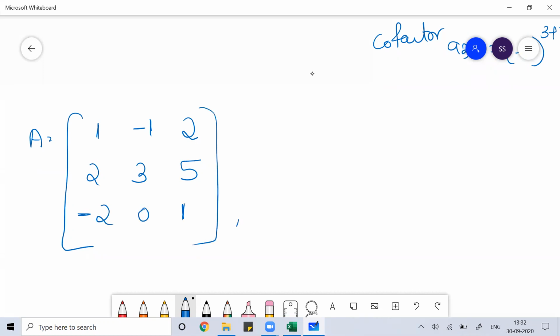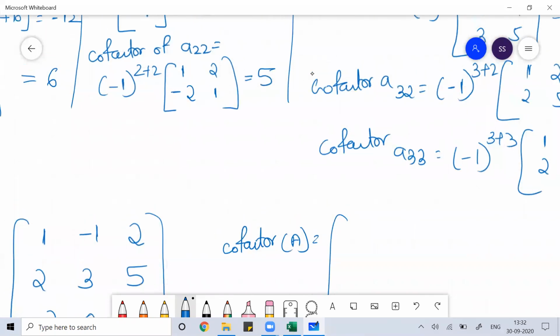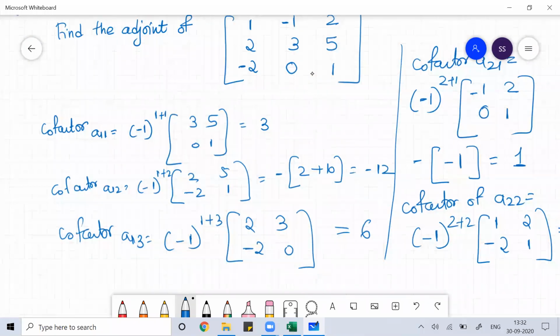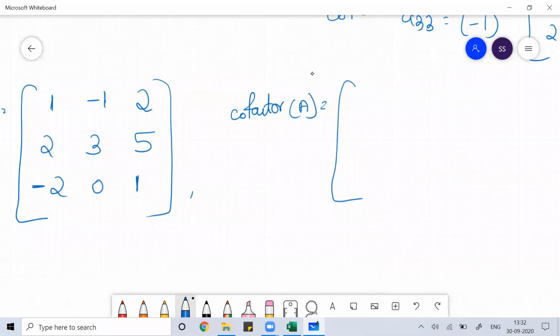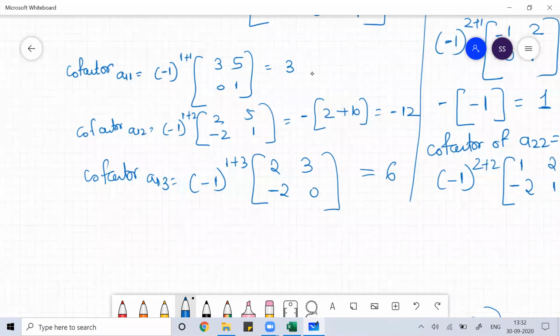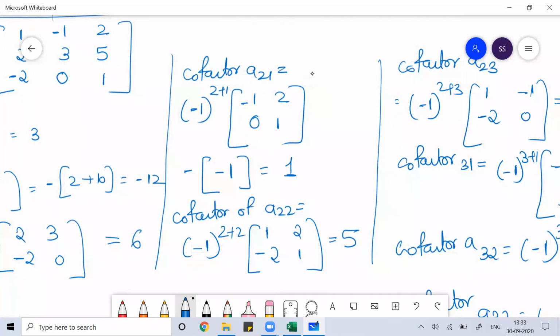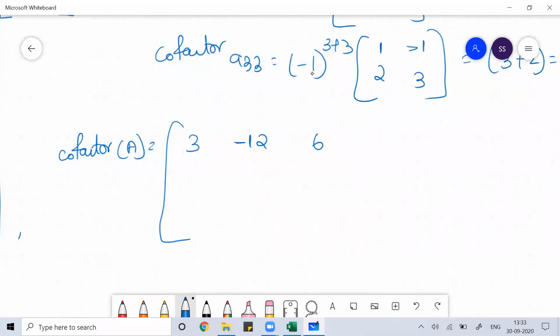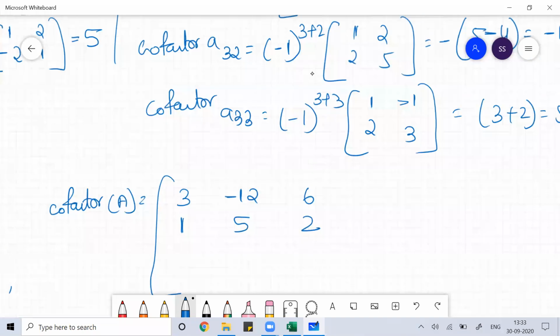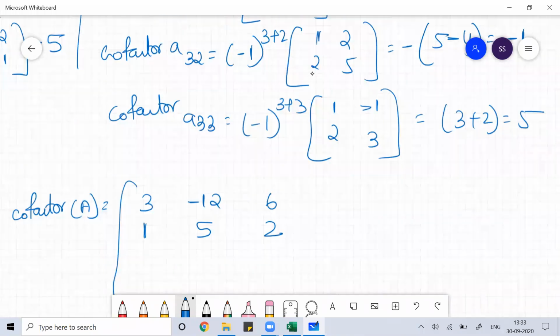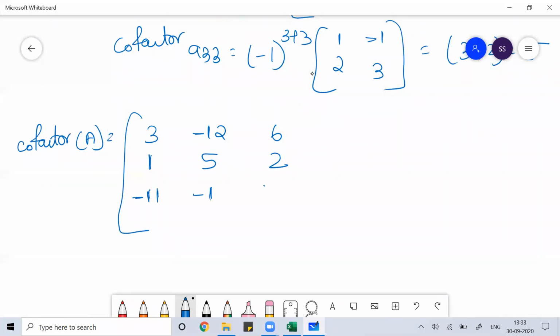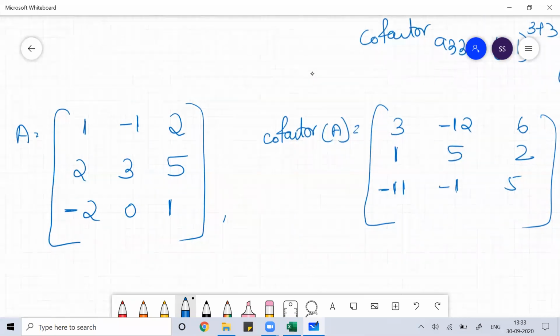Now write down the cofactor of A: 3 -12 6, then 1 5 2, and then -11 -1 5. This is the cofactor of A.